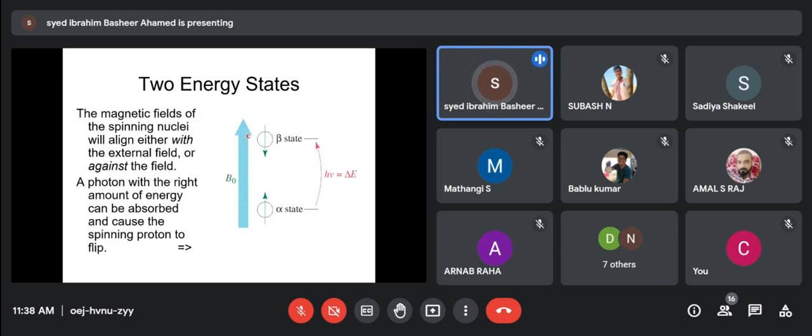If it is aligning with B naught, the energy is very low, and it is called the alpha state. If it is opposing, the energy is very high, and it is called the beta state. So h nu is equal to delta E.